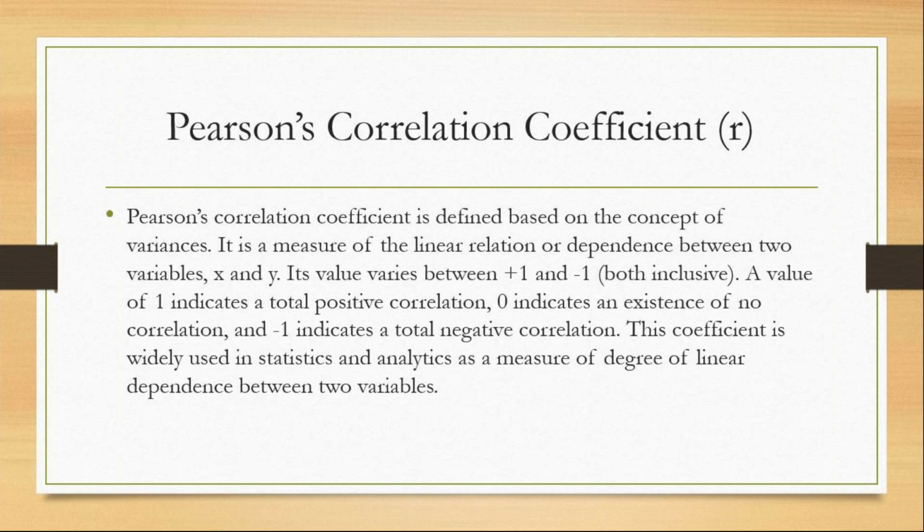So +1 when I have an equation like y equal to x, so it will be directly the same values for both y and x. In that case, my correlation value will be 1, and if my y is equal to minus x, then it will be negative. So -1 will be my correlation.